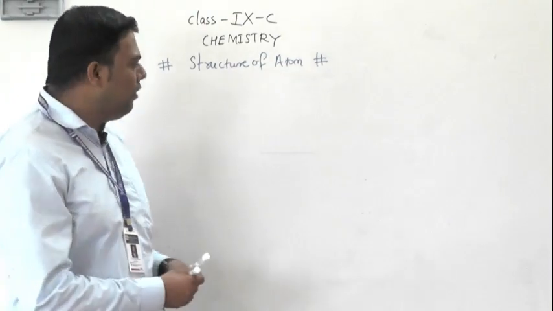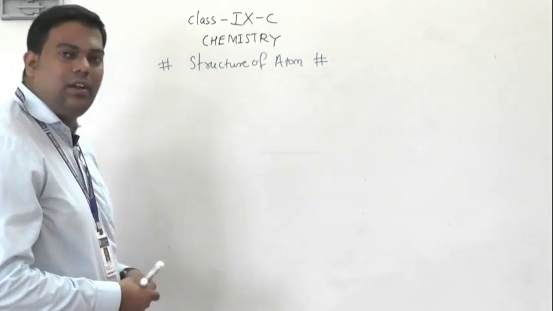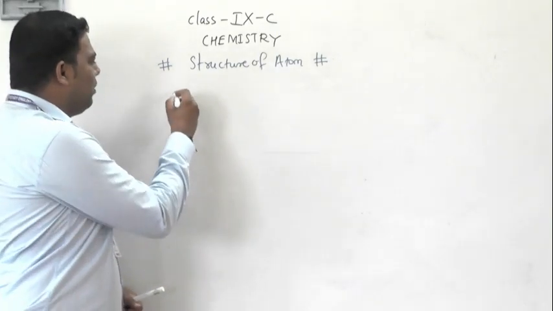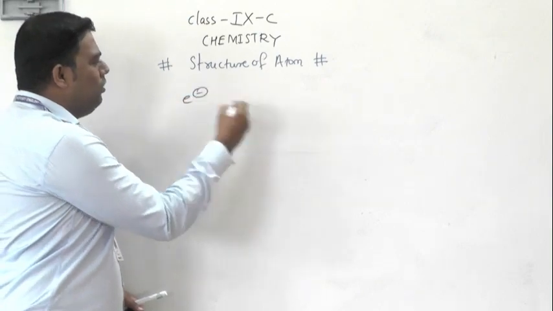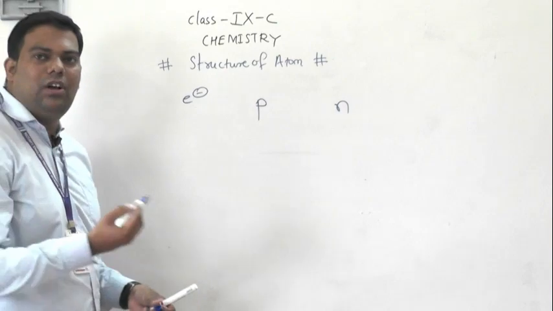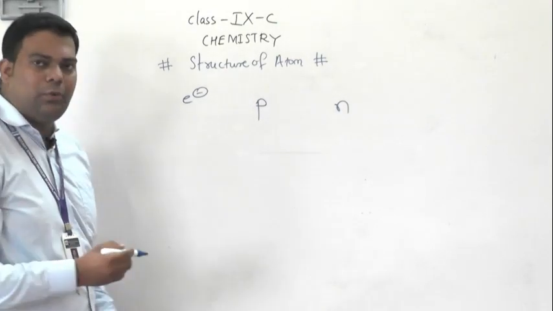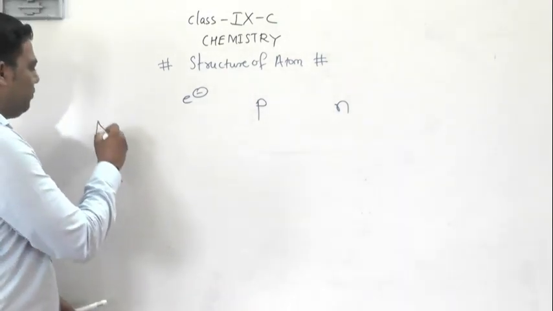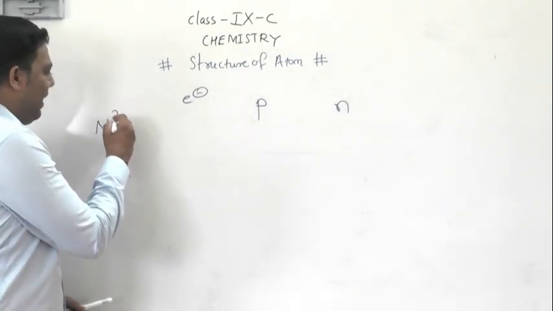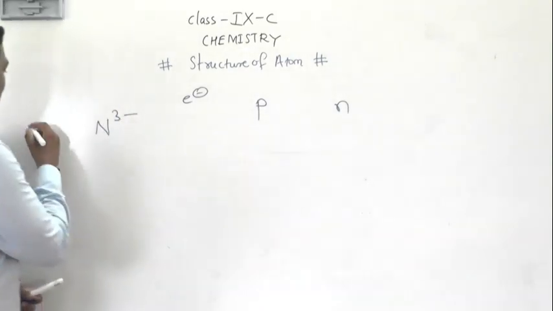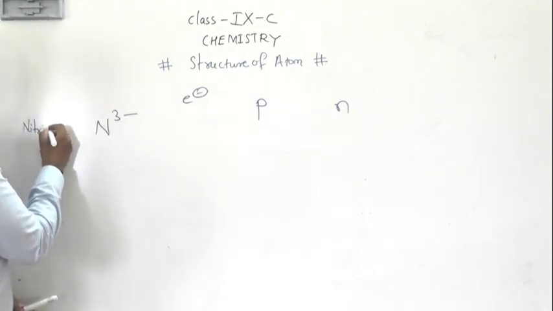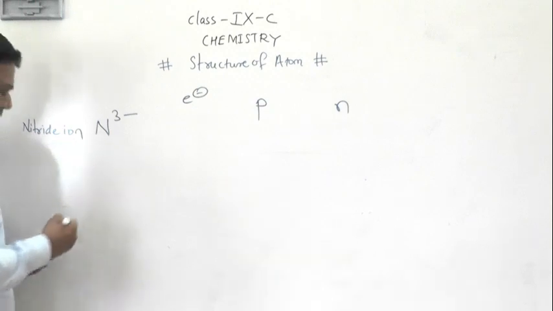We will discuss some examples of the number of electrons, protons and neutrons in some species. Suppose I write nitrogen. N3 minus is the nitride ion.